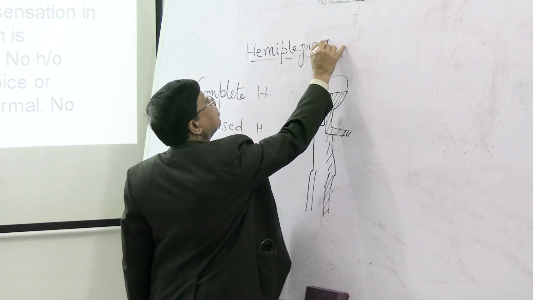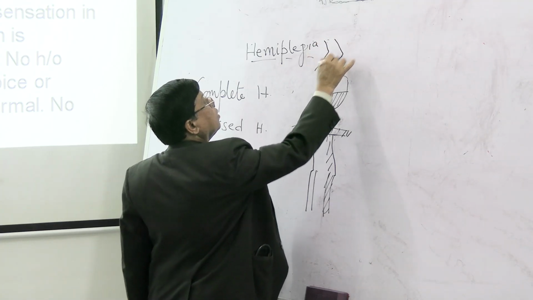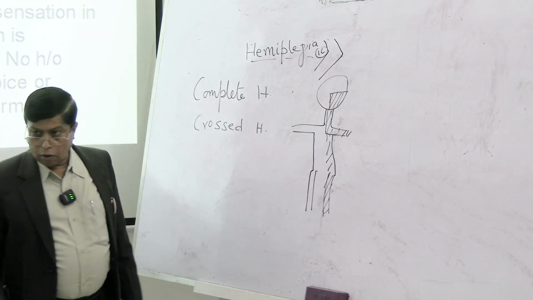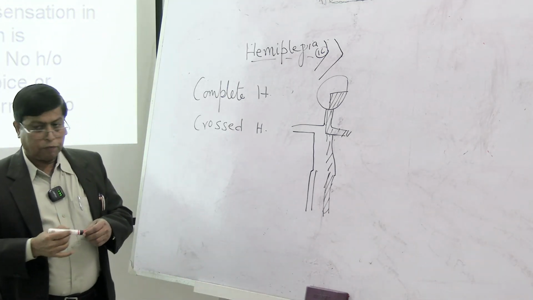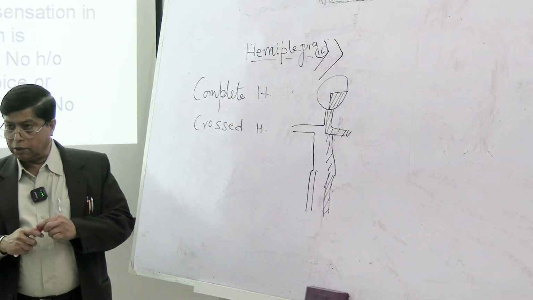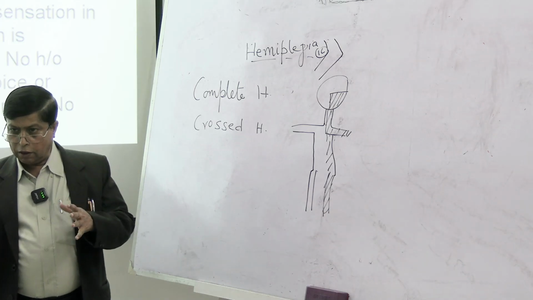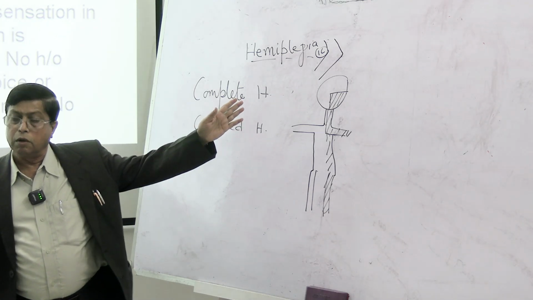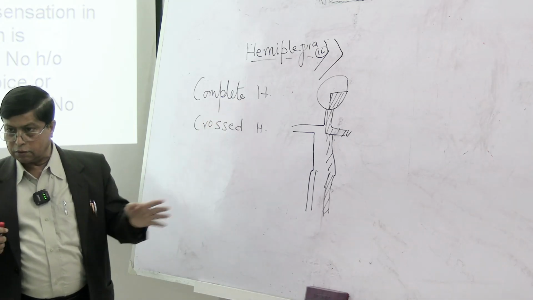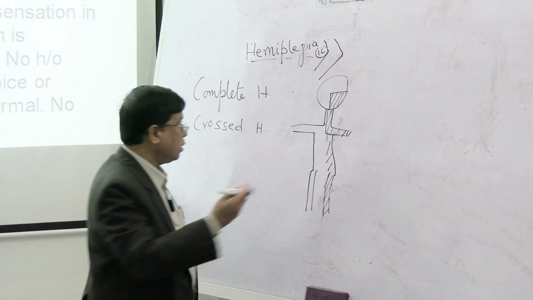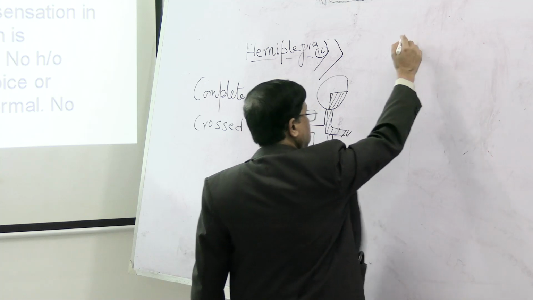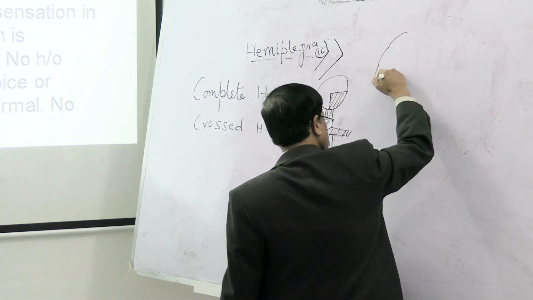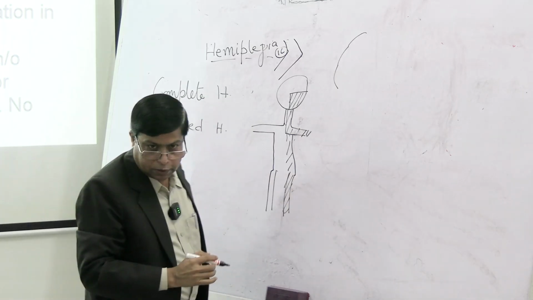Internal capsule, you know. Why internal capsule? Because unless the fibers are very compact, it is not possible to have such a big surface of paralysis. Suppose this is the cortex. The cortex has motor cells called Betz cells.